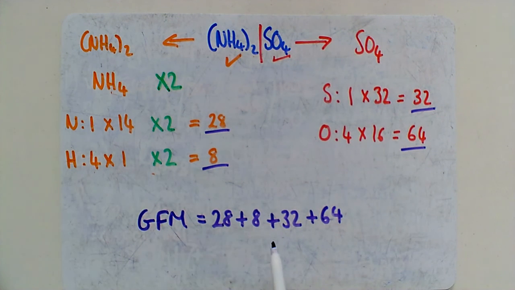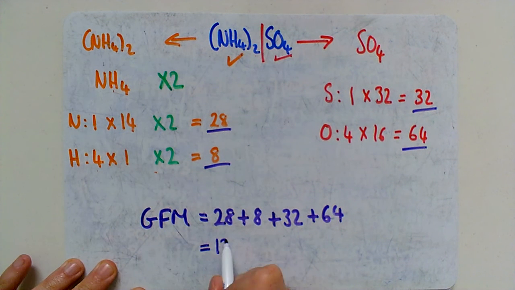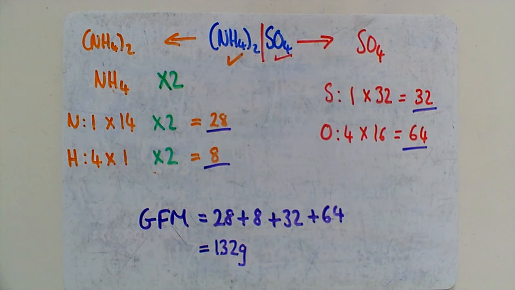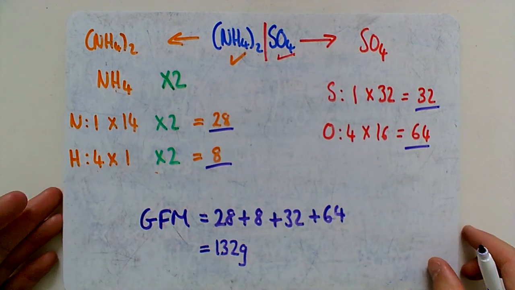And that is 132 grams, which you can use your calculator for. Let me just check that's correct. 28 plus 8 is 36, plus 32 is 68, plus 64 is 132. Yes, 132.